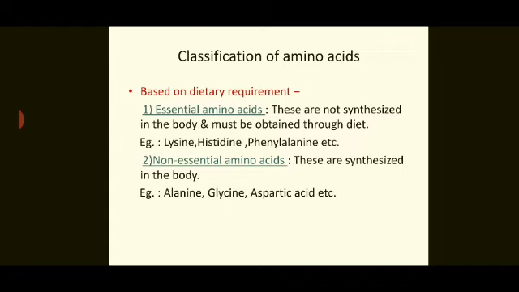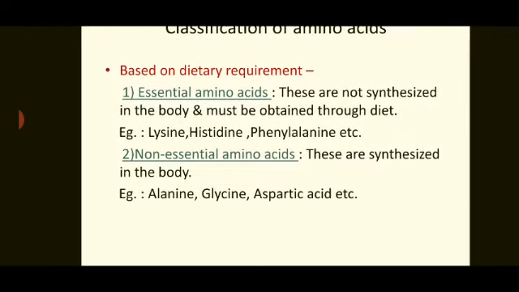Some of the amino acids are synthesized by our body itself, and some of the amino acids we have to get from our food or diet. So based on that dietary requirement, they are classified into two types, that is essential amino acids and non-essential amino acids.